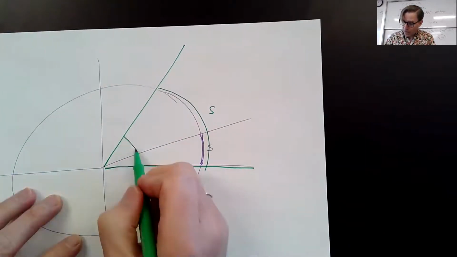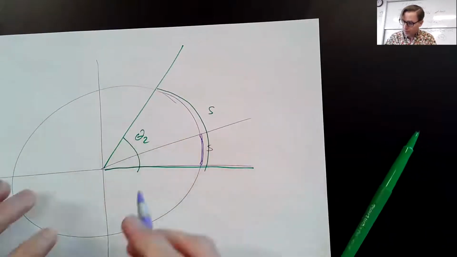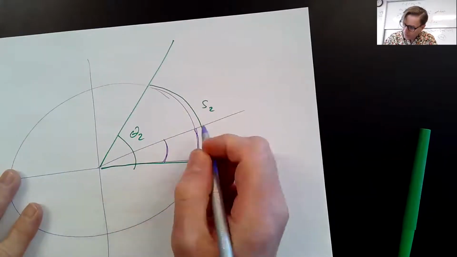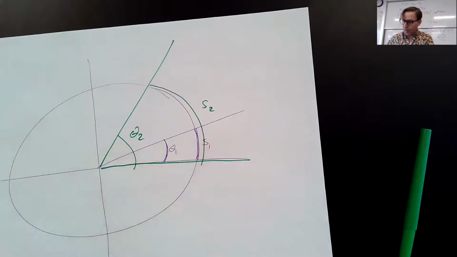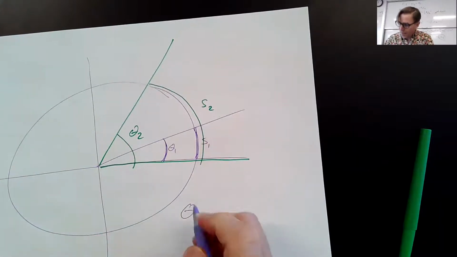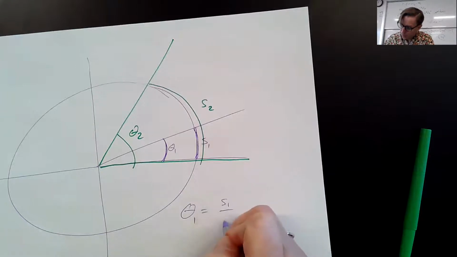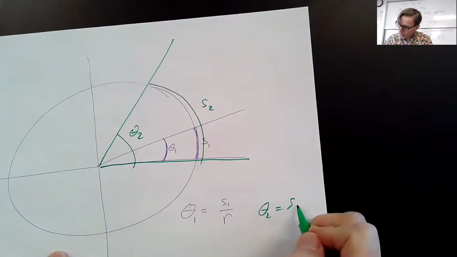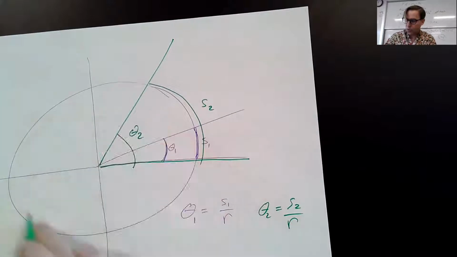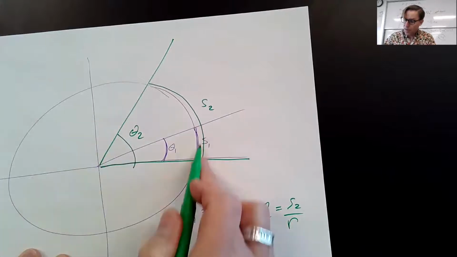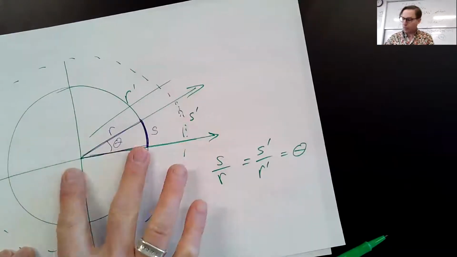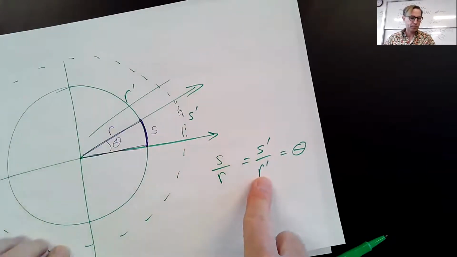So a bigger angle, theta 2, and this is S2, and a smaller angle, theta 1 and S1. Theta 1 is S1 over the radius. Theta 2, bigger angle, is S2 over the radius, same radius. There's just one circle with one radius. So a bigger angle corresponds to a bigger arc length. But it's not dependent on how big of a circle I happened to draw, because S over R and S prime over R prime are the same.